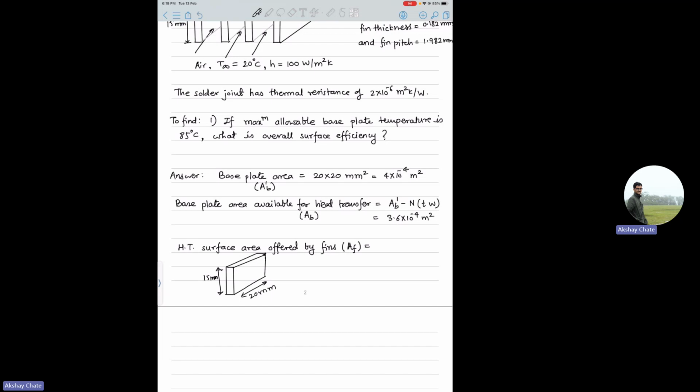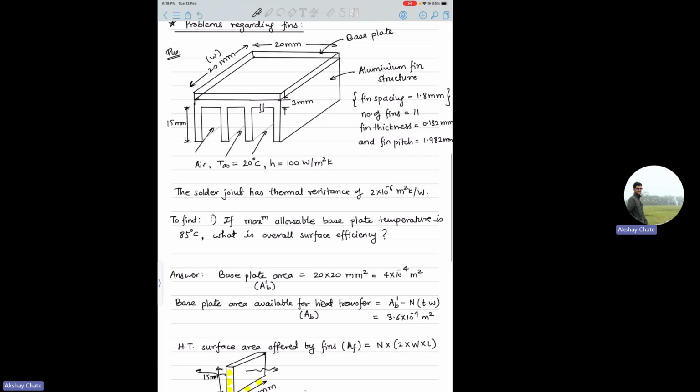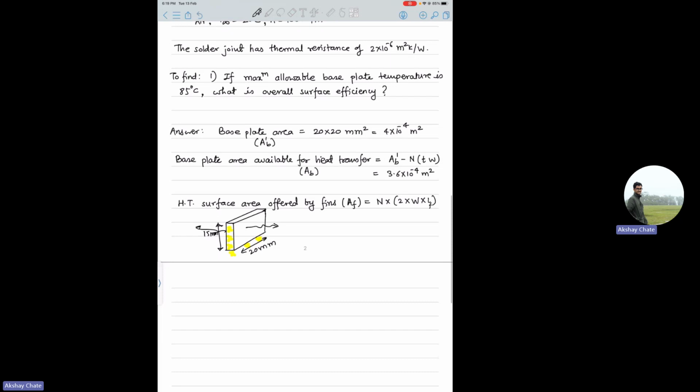And you neglect the heat transfer from this area. You neglect those because they are very thin, and also from the bottom you can neglect those. So basically major heat transfer is happening through this area and same area on the back side. So that will be number of fins into 2 into the width, which is 20, and the length of the fin. Okay, so this will be your LF.